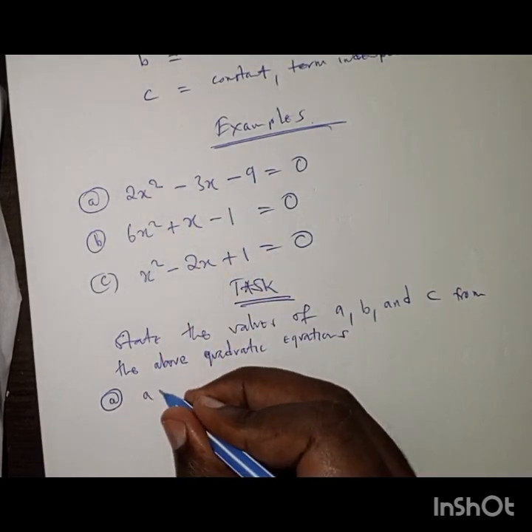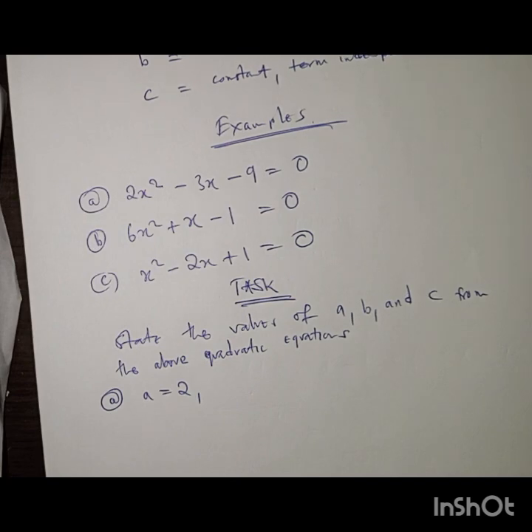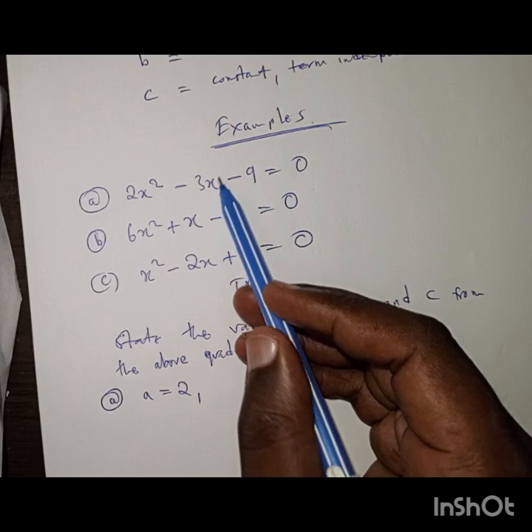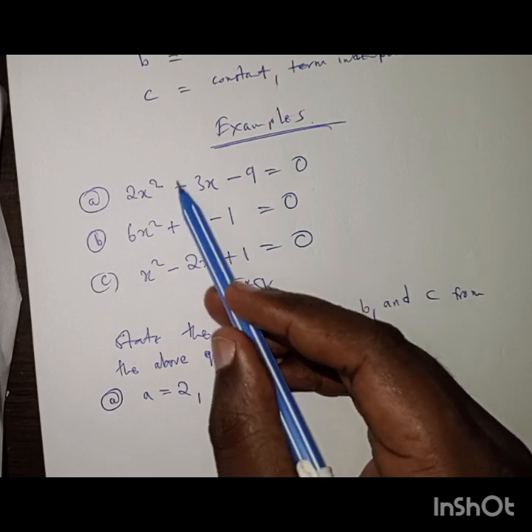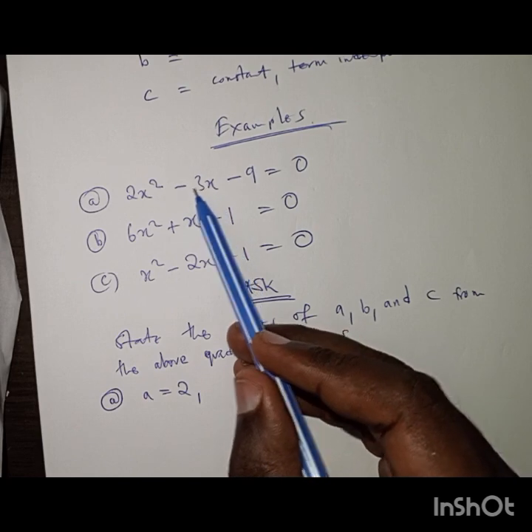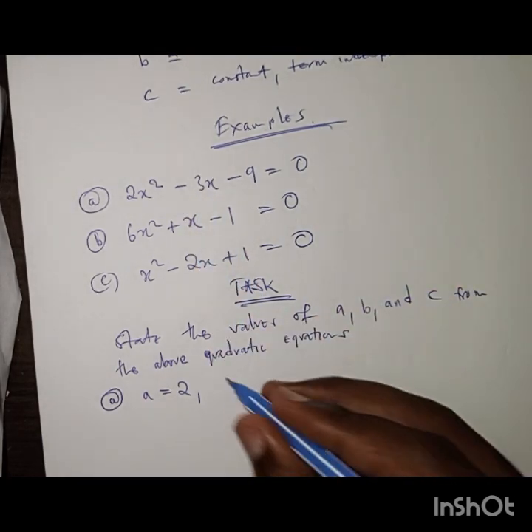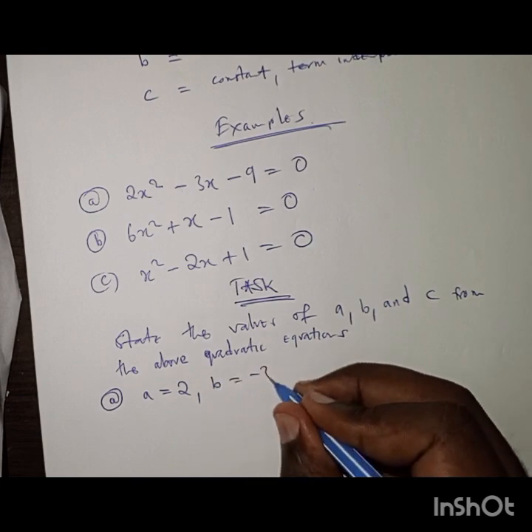So a is 2. And we go to b. B is just the coefficient of x. Okay, x is here. The coefficient of x is what? Negative 3. Don't say 3. This 3 has a minus sign here, so it's negative 3. So b is equal to negative 3.